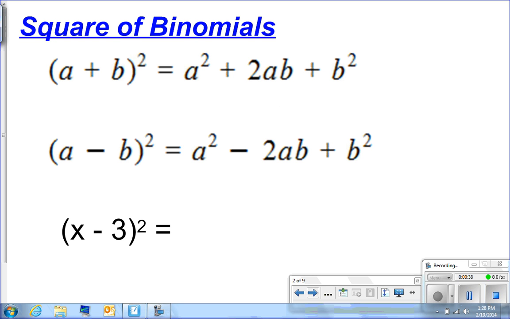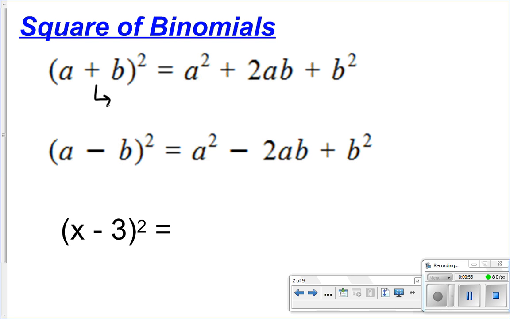So, squares of binomials. If we have (a + b) squared, it equals a squared plus 2ab plus b squared, and (a - b) squared equals a squared minus 2ab plus b squared. If this doesn't make sense, you could always rewrite this as (a + b) times (a + b) and work it out using FOIL.